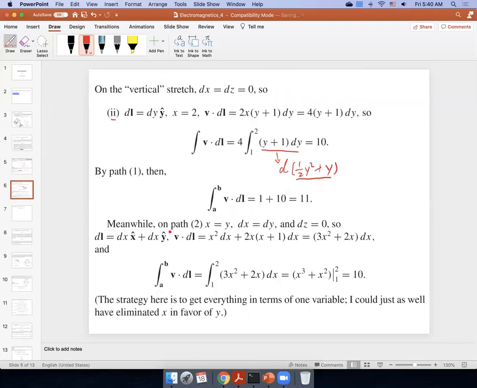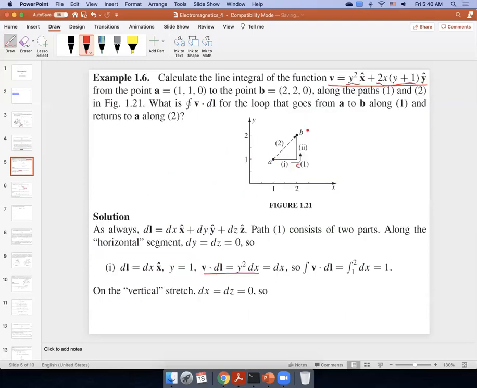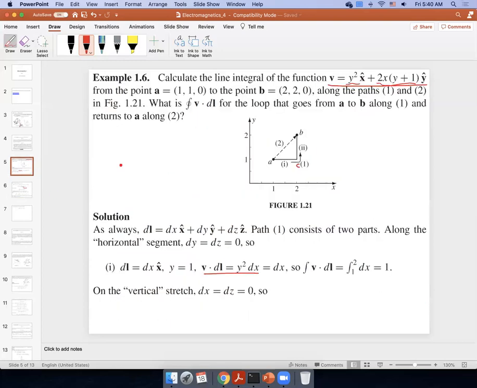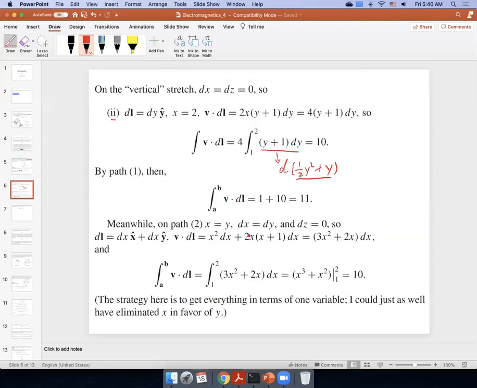Now let's see path 2. If we calculate path 2 from a to b, what we can do is, in path 2, x equals y, so dx equals dy, because if you see this path, x equals y. Dz is 0.